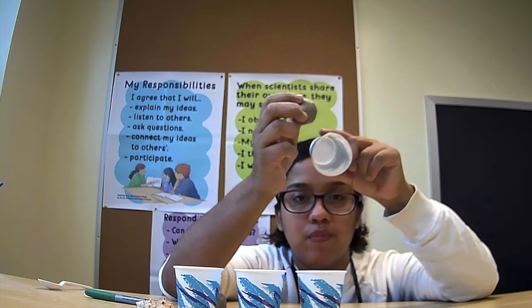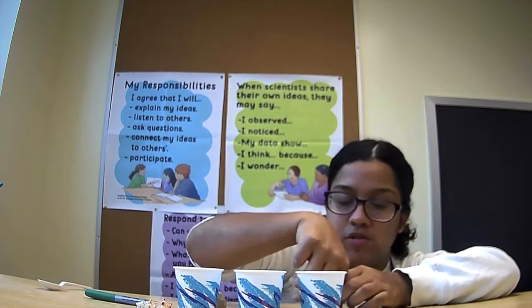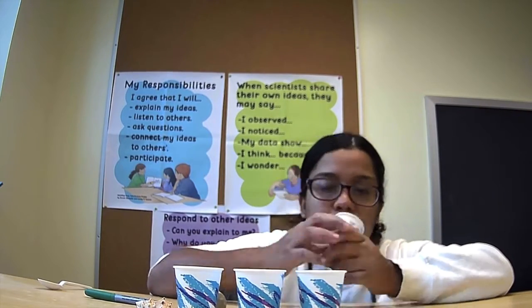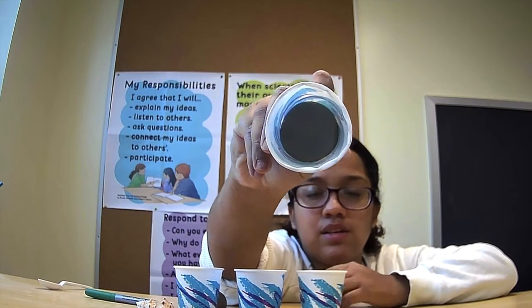Okay, so to make our first layer of sediment in our cup, I'm going to take the first ball and put it inside the cup. I'm just going to smush it down so it's nice and flat. So it is flat just like that.